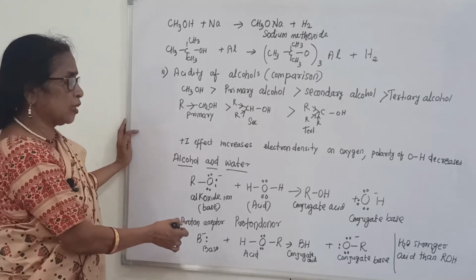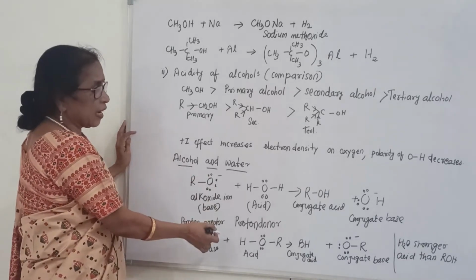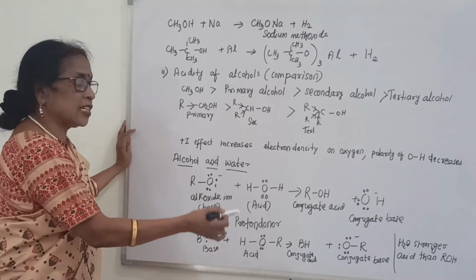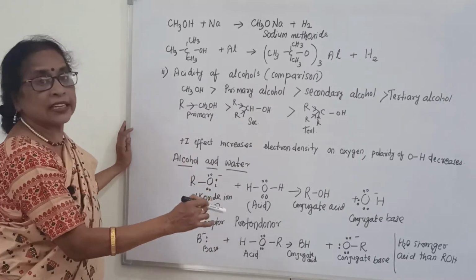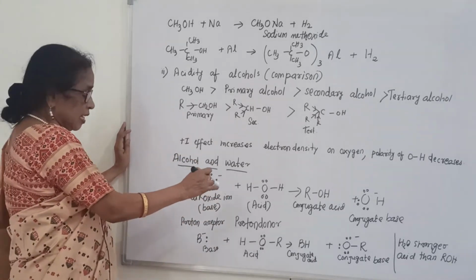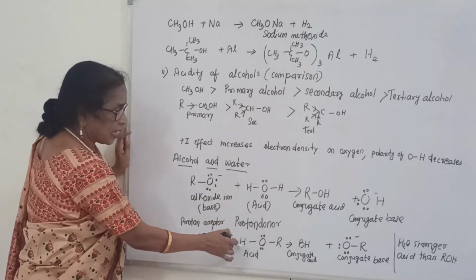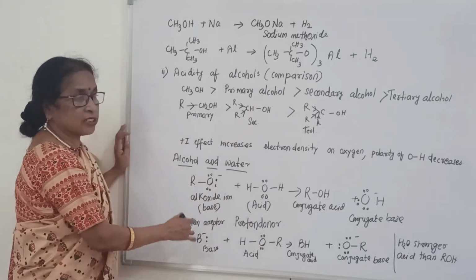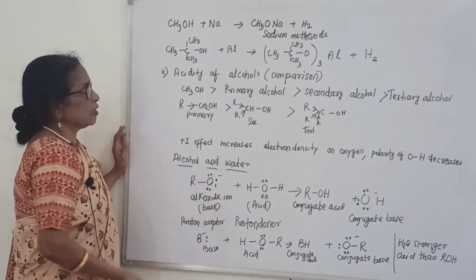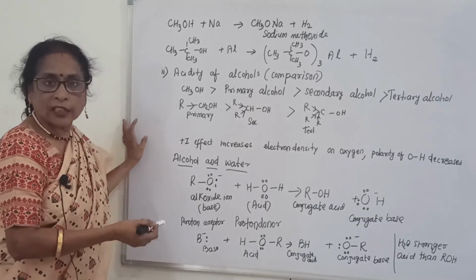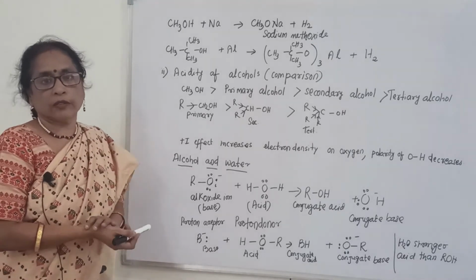When you compare these two, you can observe that water is a stronger acid than ROH. From this reaction, it is clear. Then we will see other chemical reactions of alcohol.